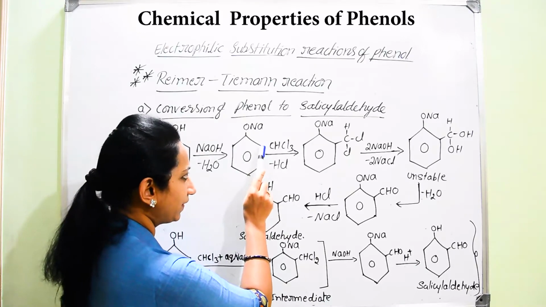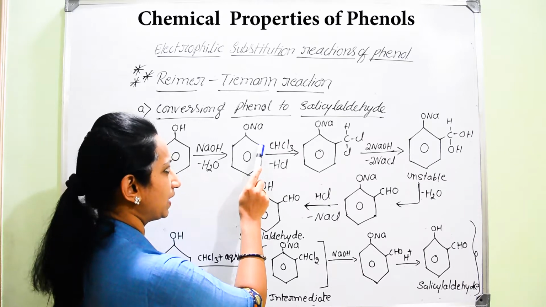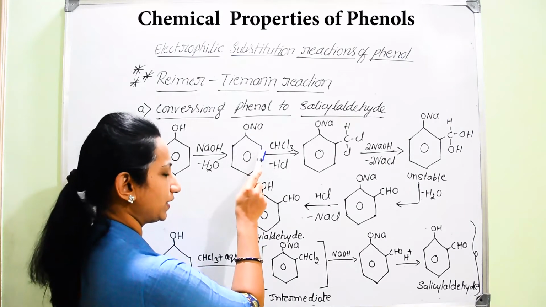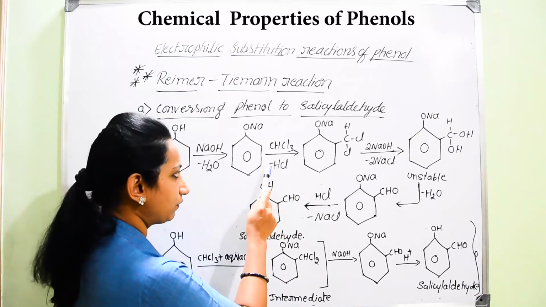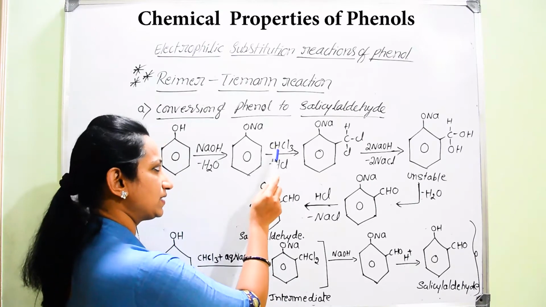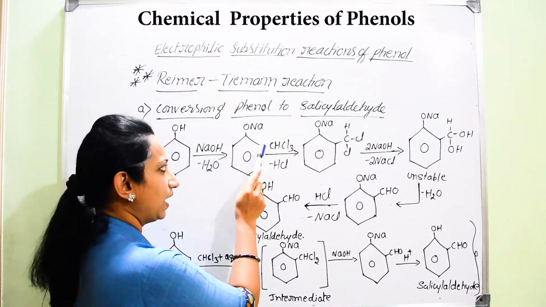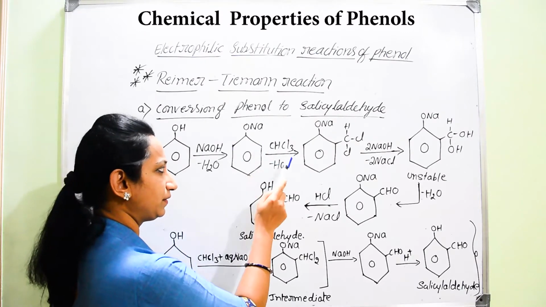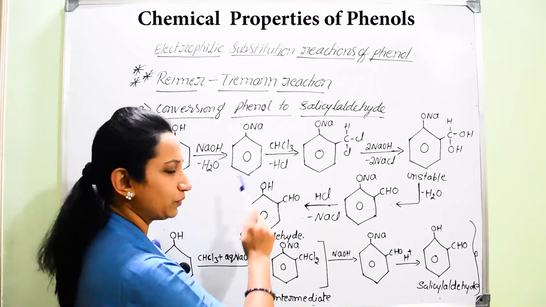One of the hydrogen atoms attached to the carbon atom at the ortho position to this ONa group will react with Cl and be removed in the form of HCl. So one CHCl3 group interacts at the ortho position, then hydrogen reacts with one of the Cl to give HCl. So HCl is removed.